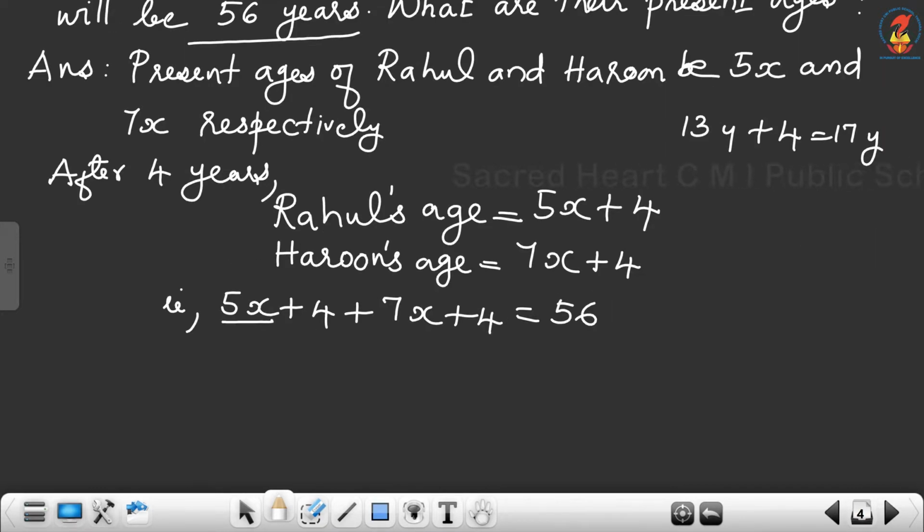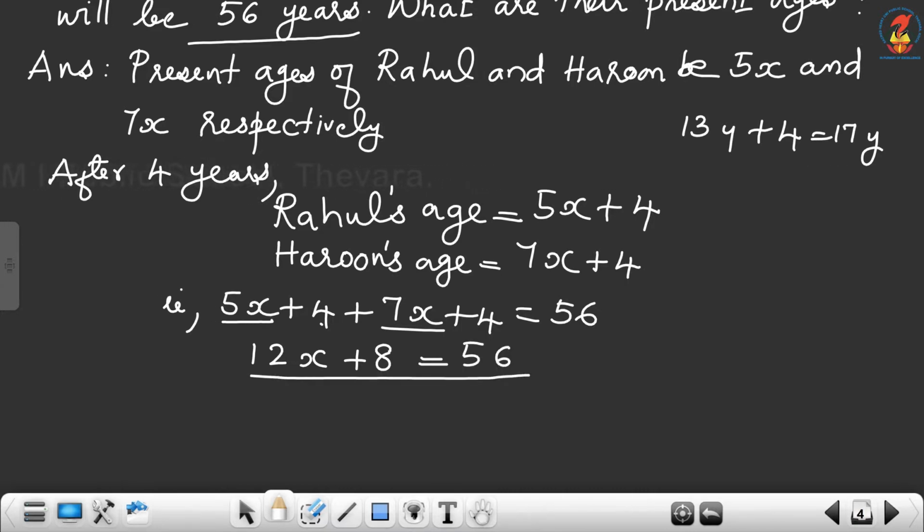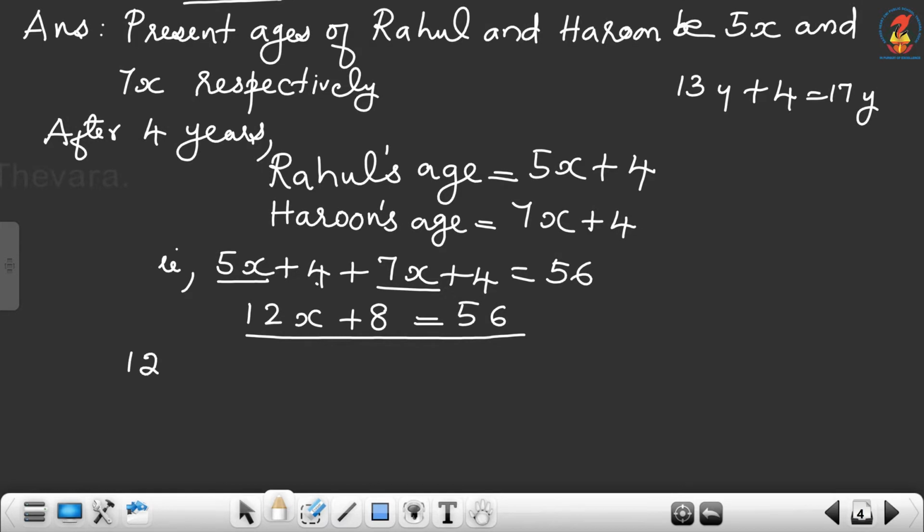Add it. 5x plus 7x, 5 plus 7, 12. 12x plus 4 plus 4, 8. 12x plus 8 equal to 56. So this is the equation. Now we have to solve it. 12x equal to 56 minus 8. You have to transpose 8 to the other side.